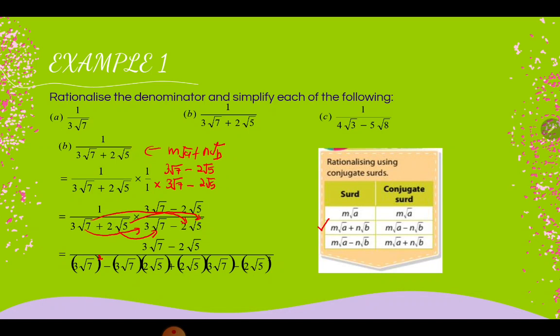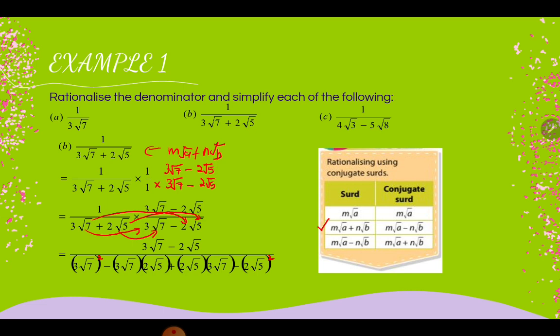So 3 surd 7 squared, and then minus 3 surd 7 times 2 surd 5 plus 2 surd 5 times 3 surd 7 minus 2 surd 5 squared. Again, the square is not seen there, so squared.